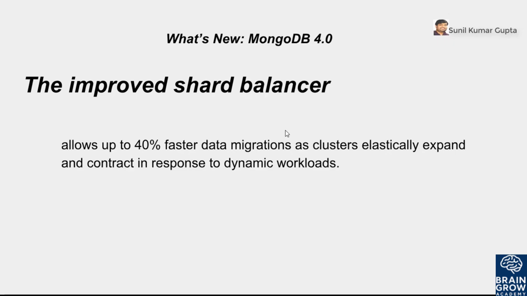So now with the improved shard balancer, whenever the workload on the servers increases, it will expand, and whenever our load comes down, it will contract and manage the workload. So it is very dynamic workload management with the improved shard balancer. Whenever workload is increasing, it will expand, and whenever workload is not that much, it will contract automatically by itself. So that is a very good feature included in MongoDB 4.0.